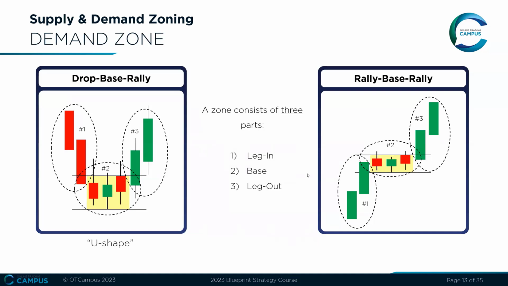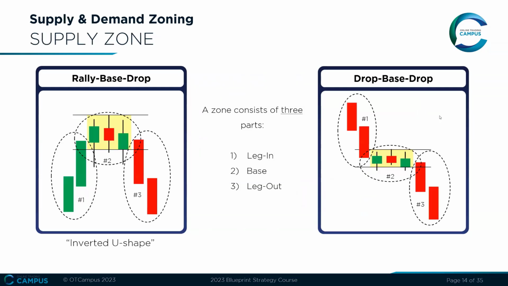For each part of those formations, we want certain candles to imply a certain activity in the market, either a balanced state or an imbalanced state. So for all of our formations, we always have a leg in, a base, and a leg out. Here as well, we have a leg in, a base, and a leg out.